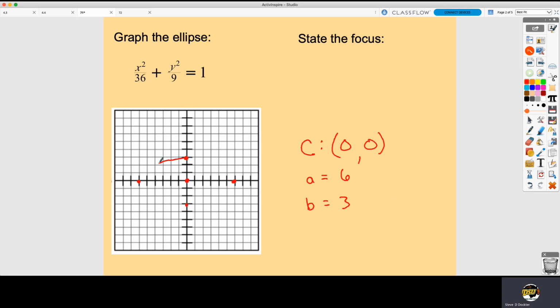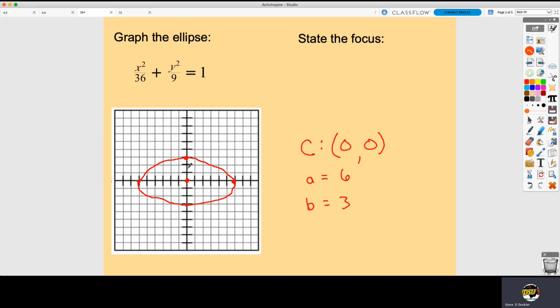And then do the best you can to draw in an ellipse here. So something similar to that. And that is it for graphing out an ellipse. Any questions there at all?